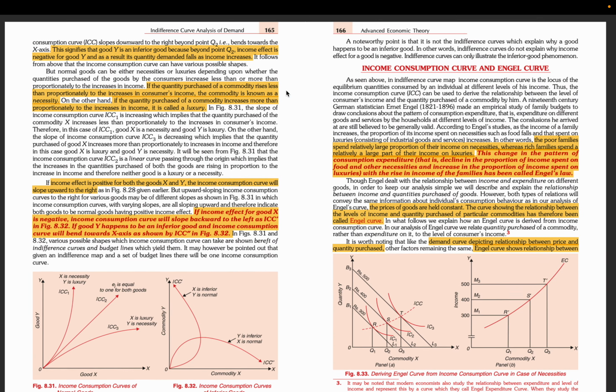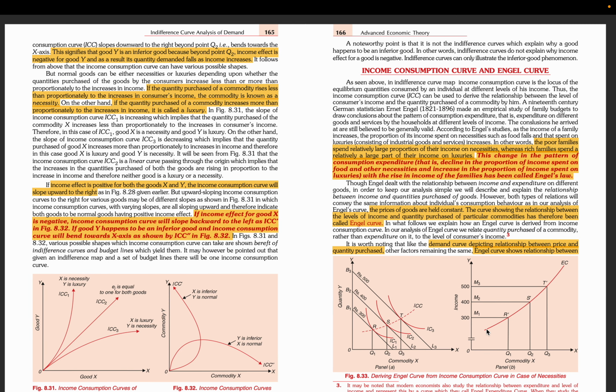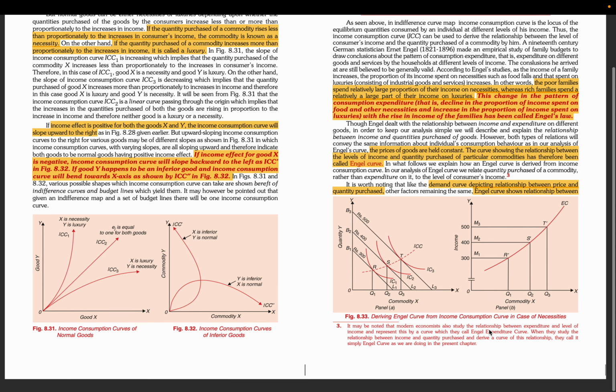So trying to plot the Engel curve, we have this OQ1 here, and parallel to it we have the income at which this OQ1 was being bought, which is rupees 300, right?